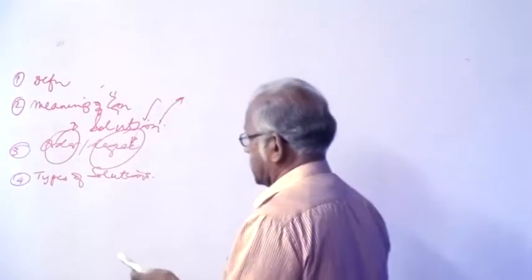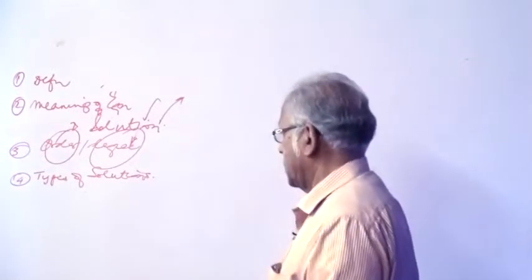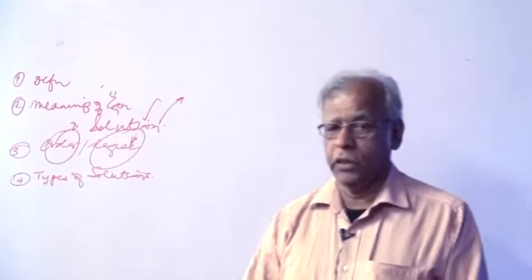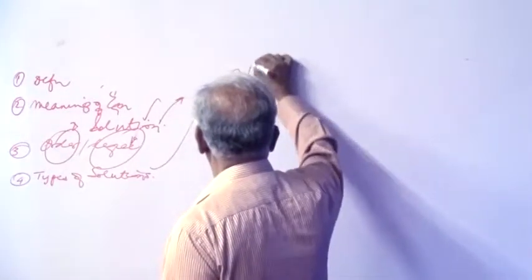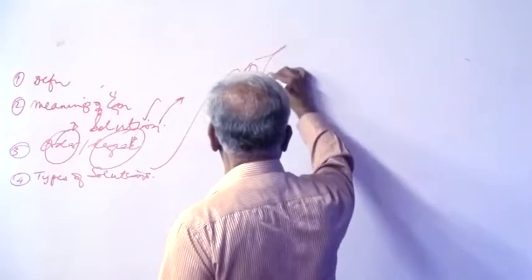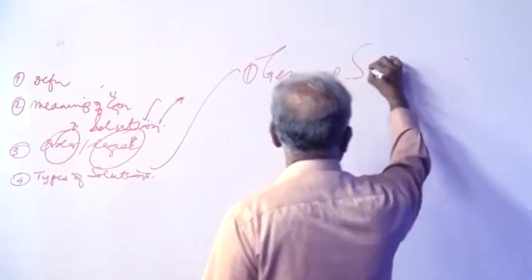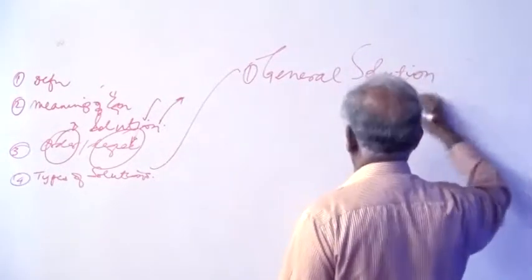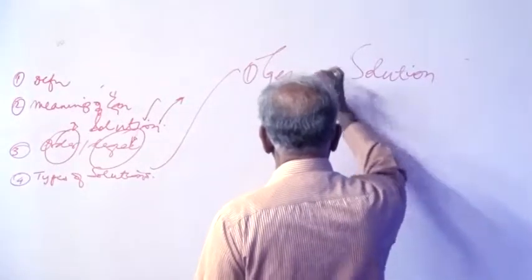We now come to the last part of this lecture, and that is the types of solutions. There are basically three types of solutions to a differential equation in a broad category. I write them out. One is called the general solution, or it is called the complete primitive.